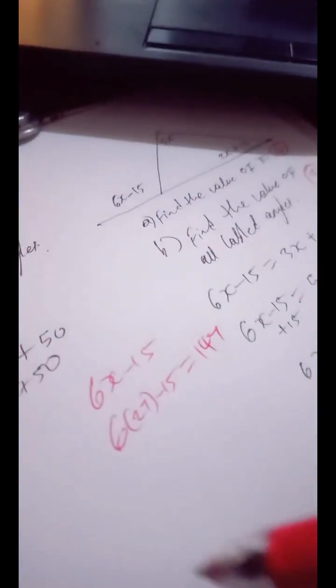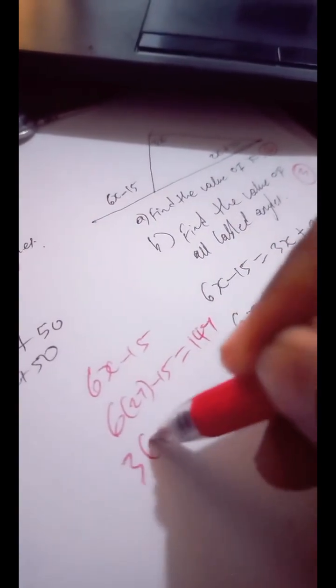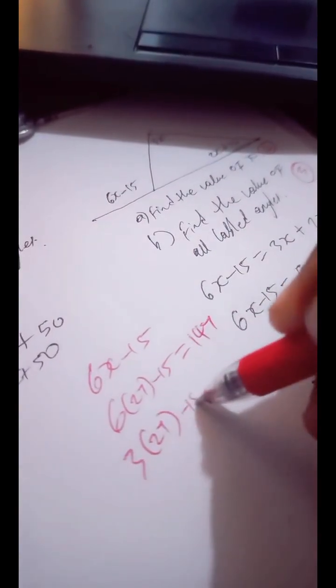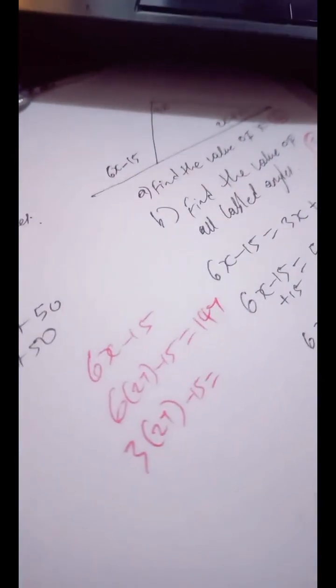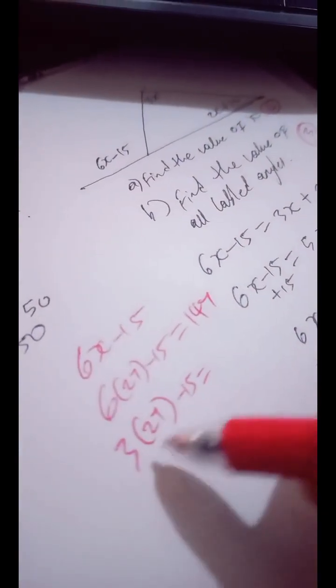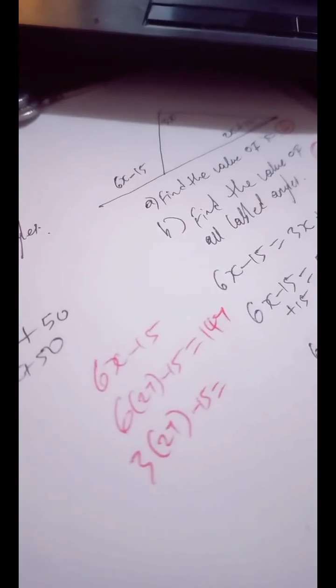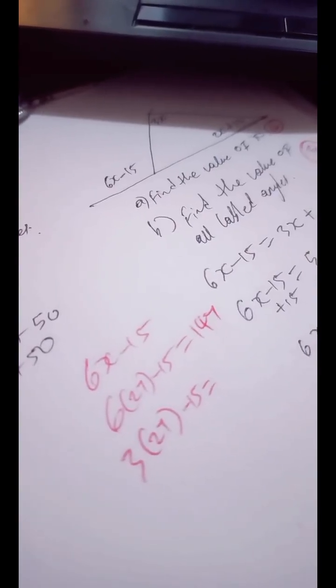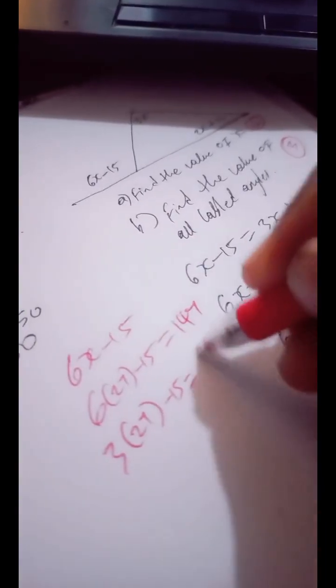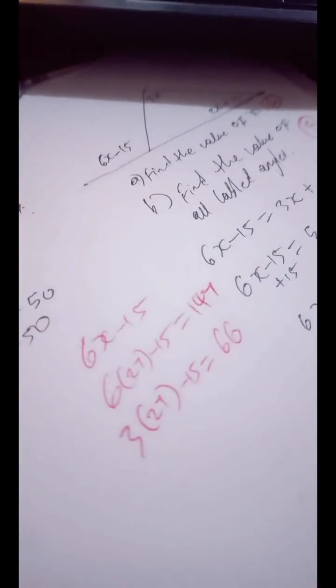The next one is 3x. So we have 3 brackets, 27 minus 15. 27 times 3 minus 15 is 66.